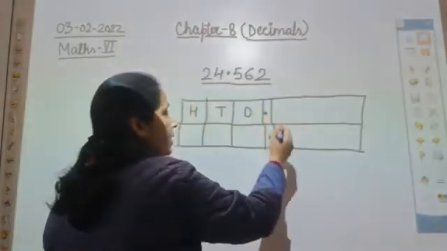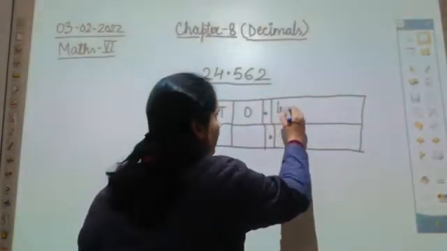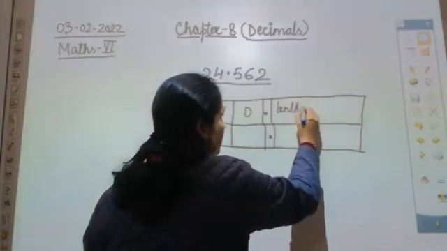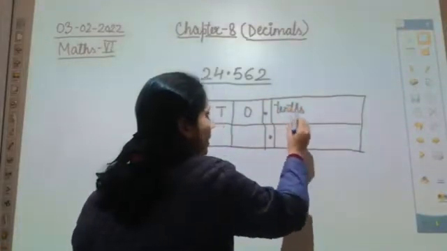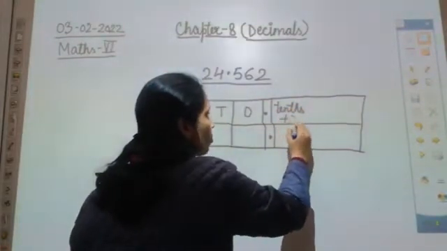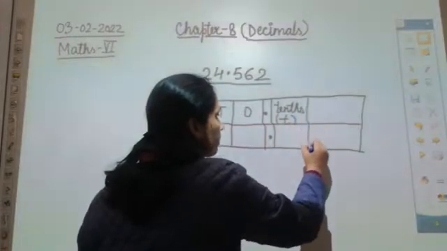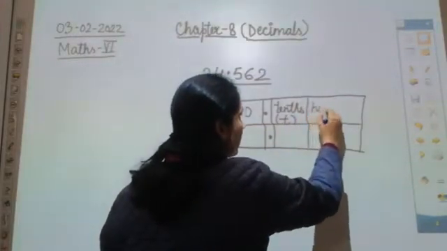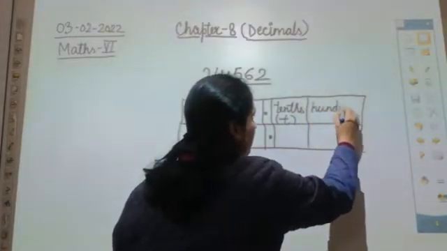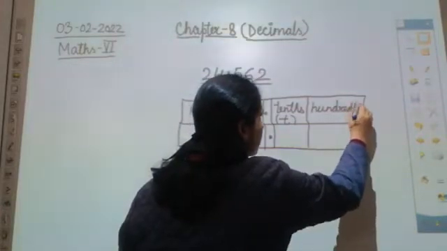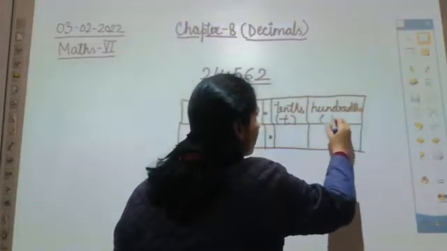But after the decimal we will have tenths, which will be denoted with small t. Then hundredths, which will be denoted with small h.